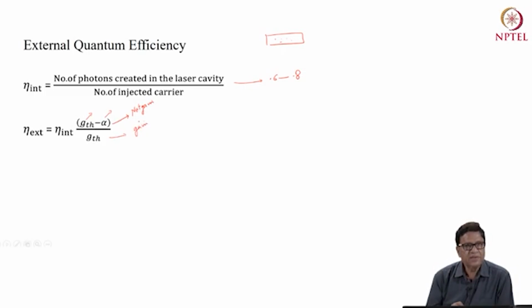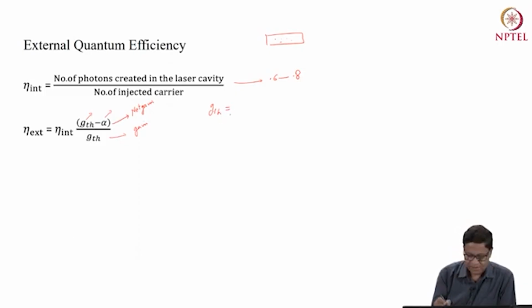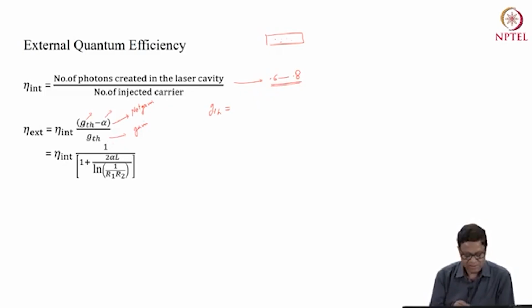I know the expression of g threshold, which we have done earlier, and using that expression we can find out this ratio, and after doing some calculations, what you get is η external equal to η internal, which is of the order of 0.6 to 0.8, times 1 by 1 plus 2αL over log natural 1 by R1R2. So this is the typical external quantum efficiency of a laser diode.